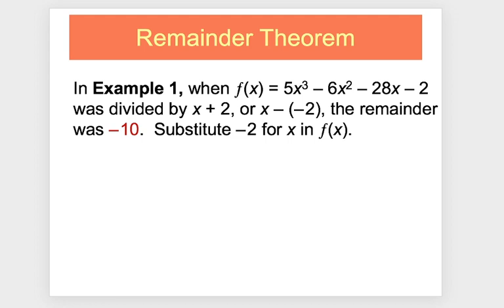So I want you to do that now. So take a moment, rewrite this somewhere in your notebook or on the handout itself, and you have 5 times negative 2 cubed minus 6 times negative 2 squared minus 28 times negative 2 minus 2. So I want you to do that.